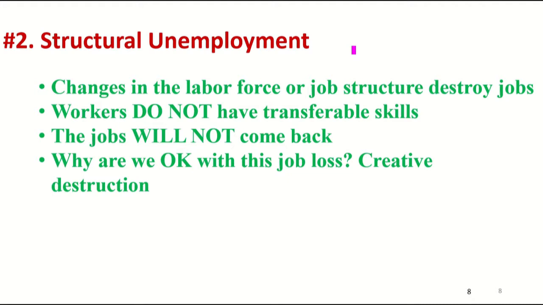Here where I'm from, we had a huge telephone wire factory and plant, and it became extinct. And a lot of workers lost their jobs, both at the executive level and the labor level. And while that's sad, we're okay with it. I ask my students in class, why are we okay with that? And it has to do with this creative destruction.